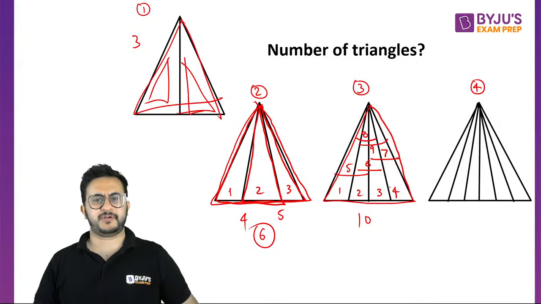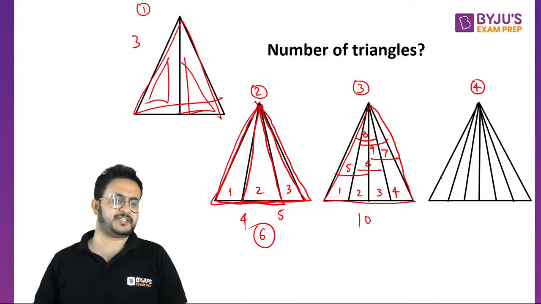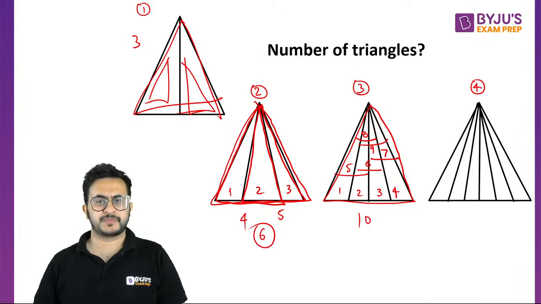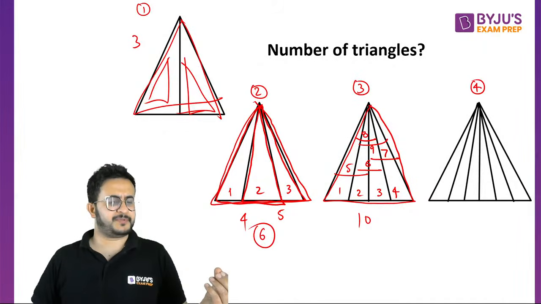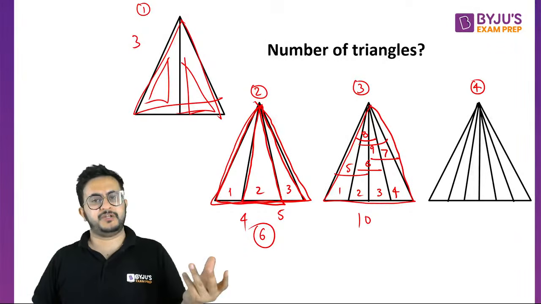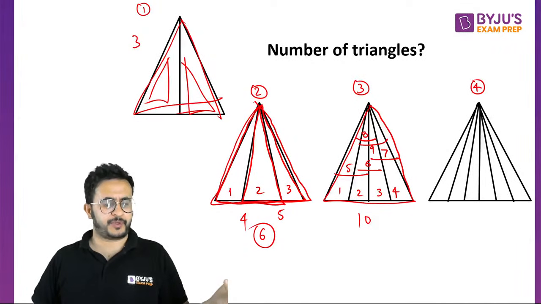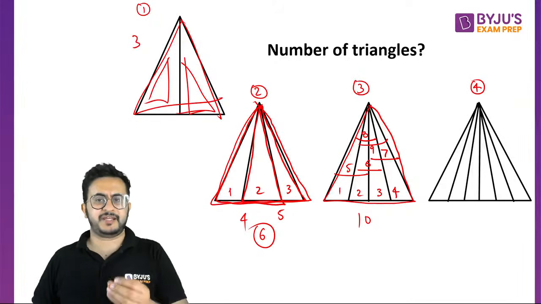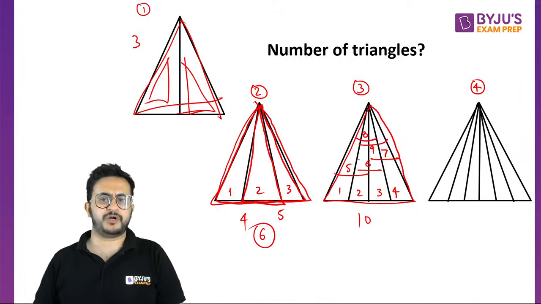But what if the number of lines keeps on increasing? We should have some generalized formula for that. In permutation and combination, if the values are small, you are able to count, but if the values are large, then you need the formula for permutations and combinations. Likewise here, if the number is small, we can easily count, but if the number keeps increasing, then we have the formula.